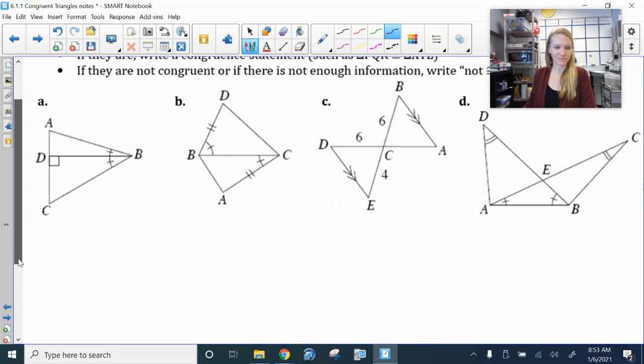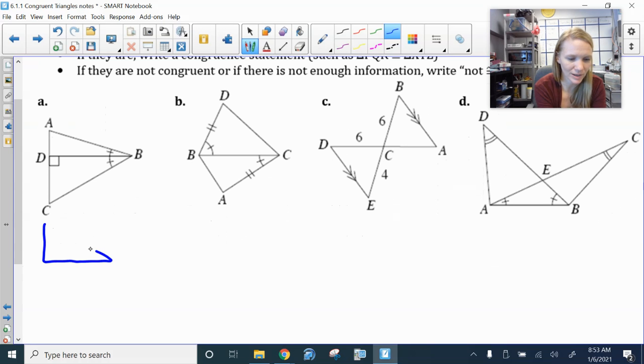So on our first triangle here, I'm going to redraw it a little bit right here. I'm going to make them a little smaller, but I basically have 2 triangles that look like this. Okay, so I have A, D, B here, and I have D, C, and a B out front again.